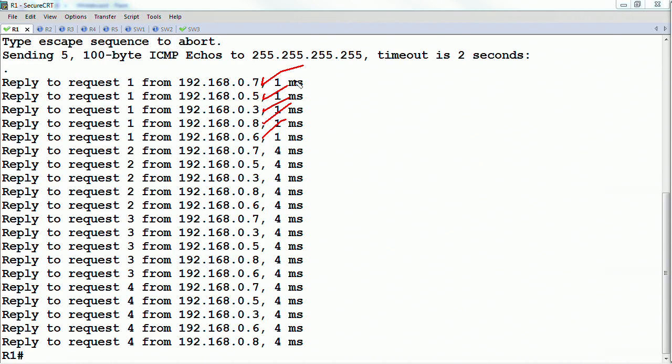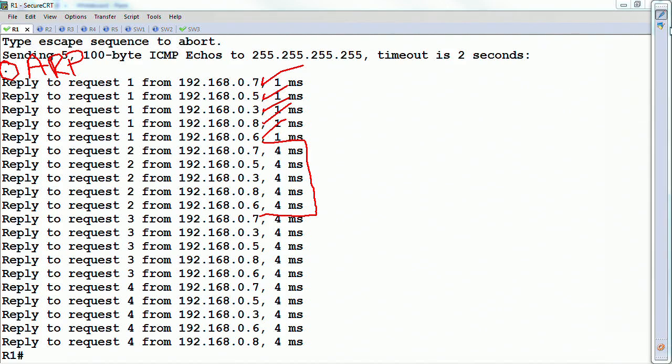And by default, we can see the router is sending 5 pings. So one of them was needed for the ARP request. So this one, we didn't get a response in time because it took the routers a little bit of time to resolve the IP address to the MAC addresses. But once they did that, then everyone that was in the same IP network is going to send an ICMP echo reply.